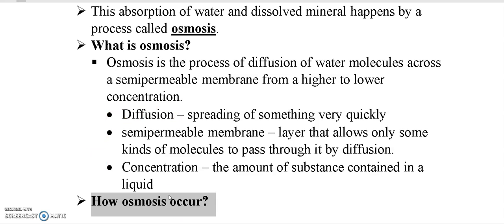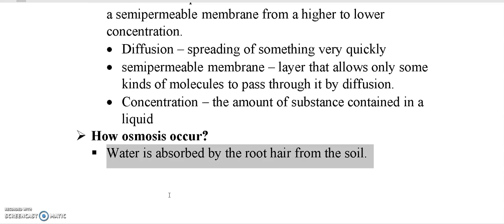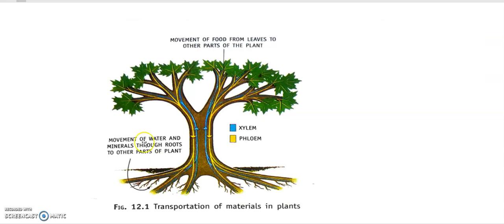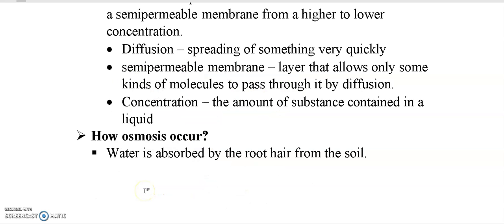All right, so how does osmosis occur? See, water is absorbed by the root hair from the soil. Water is absorbed into the plant through this root hair, because all the water and minerals are in the soil. Then the concentration of water molecules is greater outside the root hair.